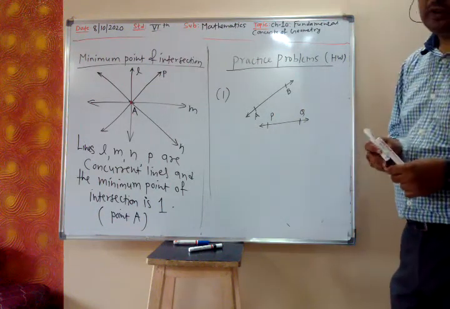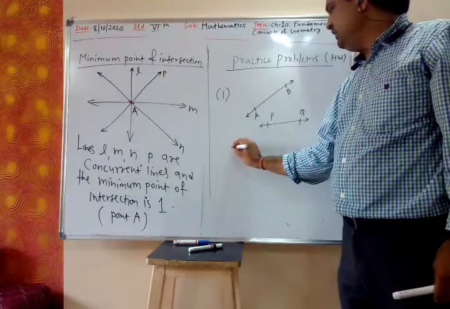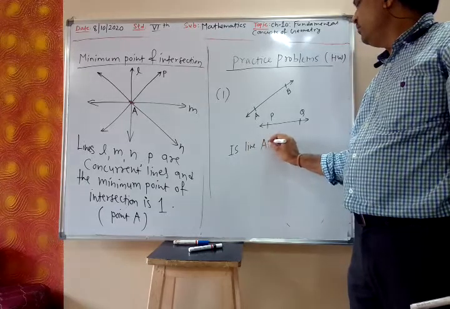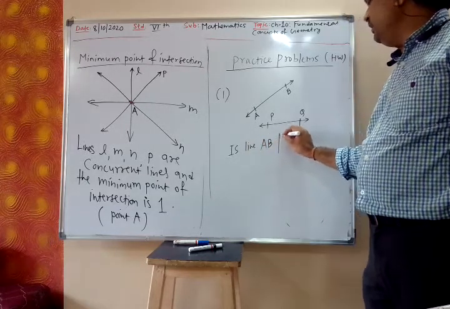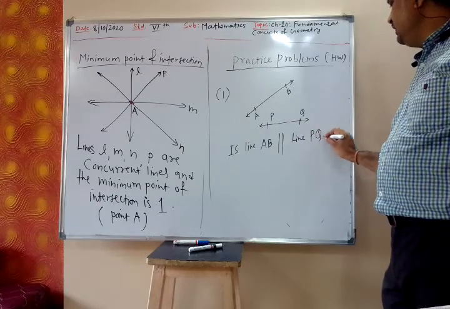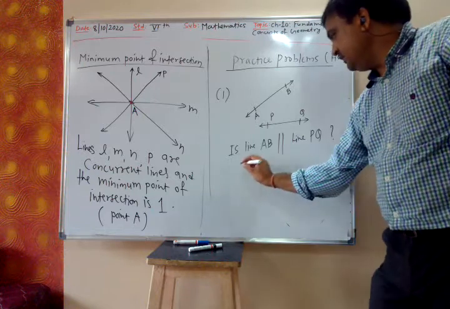Now write down the question: is line AB parallel to line PQ? Give reasons.